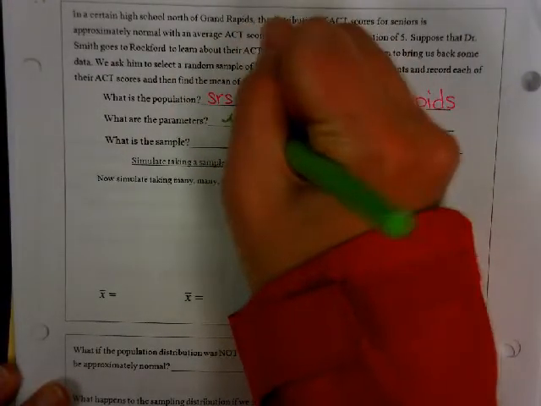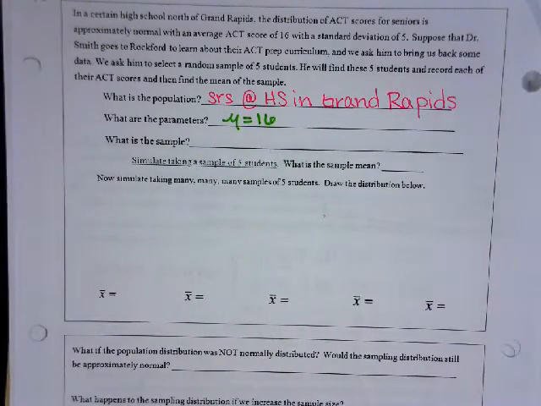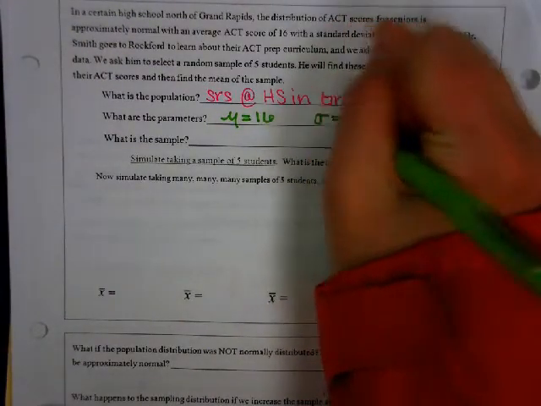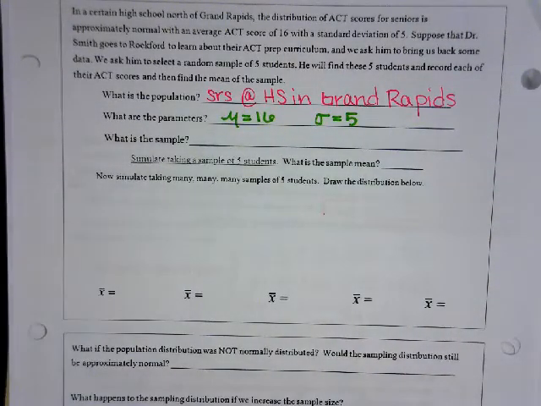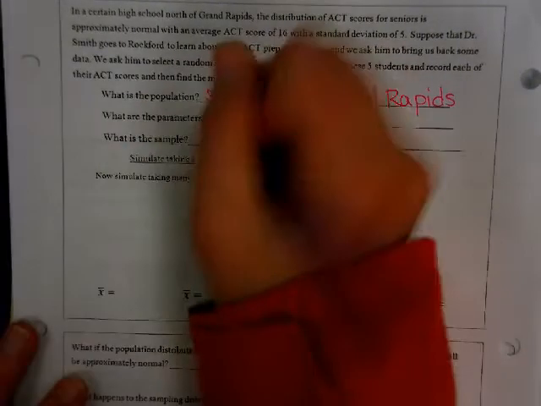And what's the other piece of information? Standard deviation is 5. And what's the sample we're going to have Mr. Smith do? 5 random students, right?